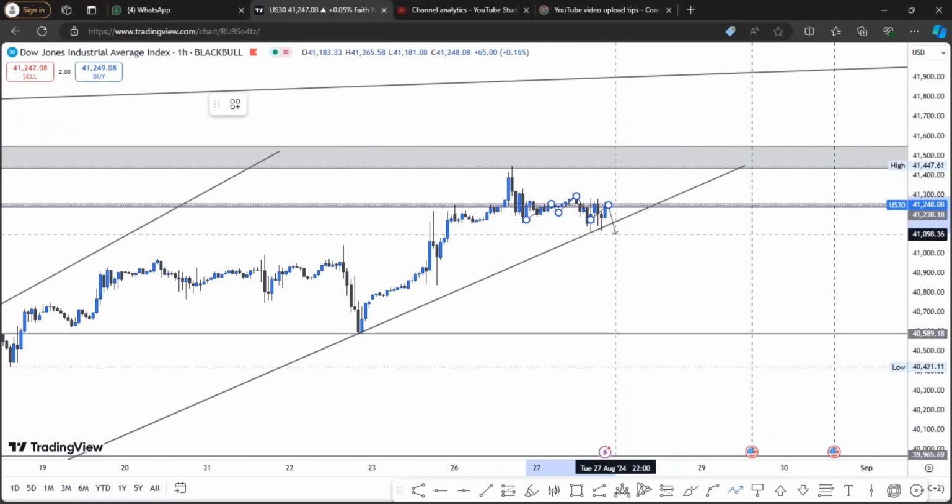So I'm going to be comfortable with my sales at the current market price because the market is below that certain point. I believe the market is to break the certain point and give me a retest so that we can shoot to the downside.